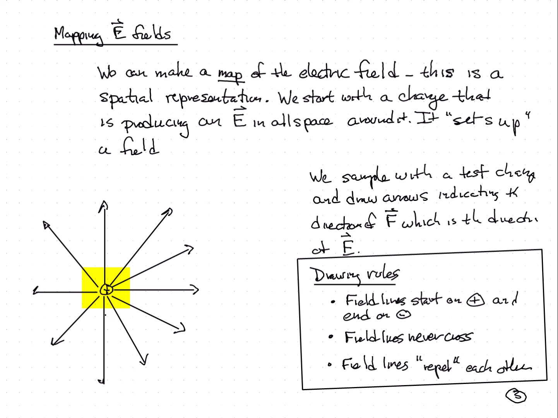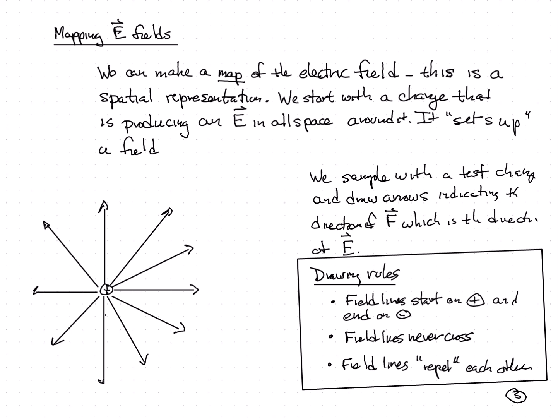And if we thought about dropping a positive test charge at all of these locations around that positive charge, Q on the left, well, that positive test charge would always be repelled by that plus. So everywhere it would experience a force away. So we can draw the forces and the field, which is the force divided by the charge, and we see that it's always repulsive. So we can draw fields like this, just kind of pictorially representing them.